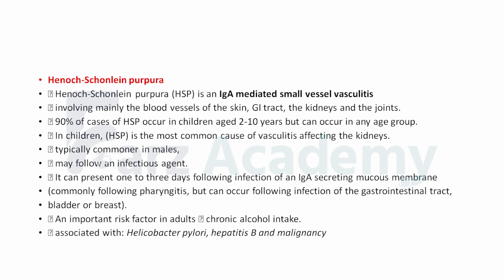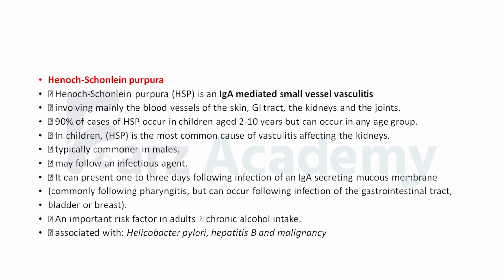Next is Henoch-Schönlein purpura. So Henoch-Schönlein purpura is an IgA-mediated small vessel vasculitis involving mainly the blood vessels of the skin, GI tract, kidney, and the joints. So they have manifestation in the skin, some GI manifestation like loose motions, some features suggestive of nephritis, and then joint pain can occur. 90% of the cases of HSP occur in children aged 2 to 10 years, but can occur in any age group. More common in children.